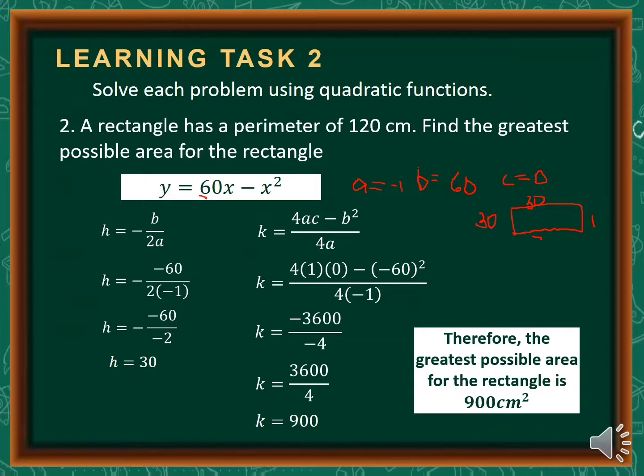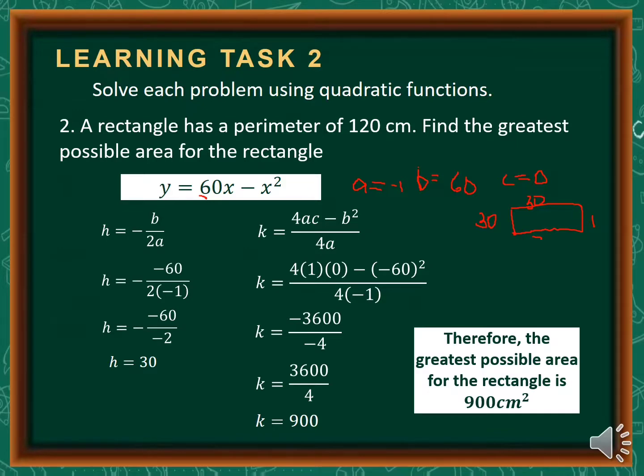But take note, class, we're going to explore the kinds of rectangle pagdating natin ng third quarter. And you will discover that a square is a kind of a rectangle. So, meaning to say, a square is also a rectangle. Alright? So, ibig sabihin, tama po yan.